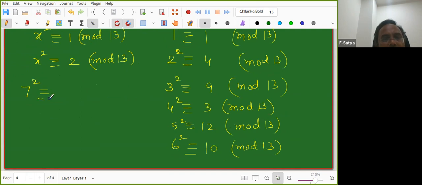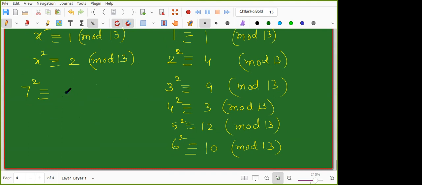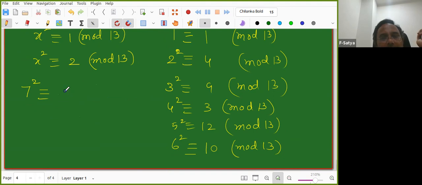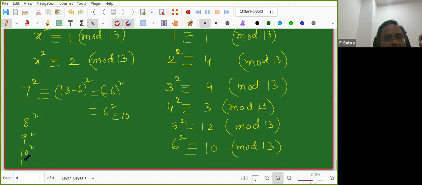Somebody help me, why? 6 is congruent to -7 mod 13, so 7 is 13 minus 6, that is -6. (-6)² is equal to 6², so this is already congruent to 10. So 8², 9², 10², 11², 12², I do not need to do, because 12² again becomes 1 and so on.